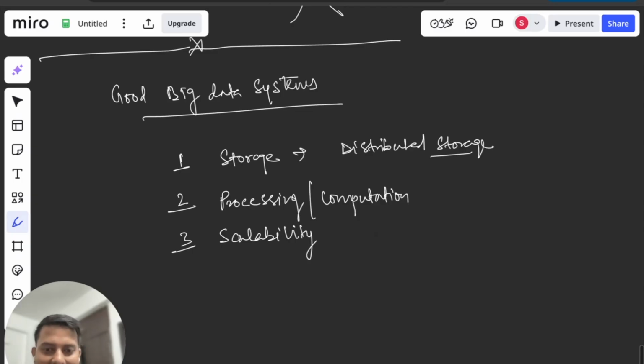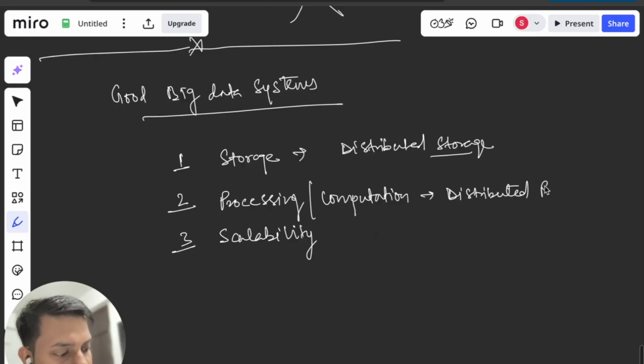In a distributed manner, so distributed processing will come. Can the system handle growth in the scalability part?